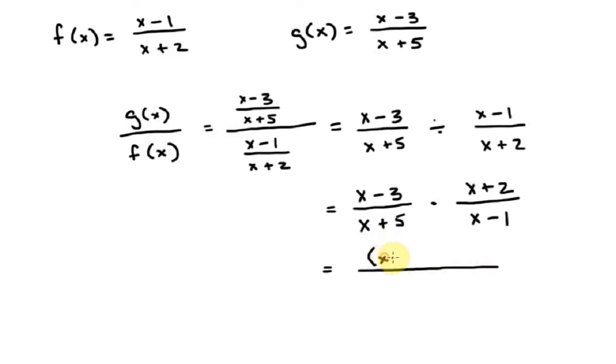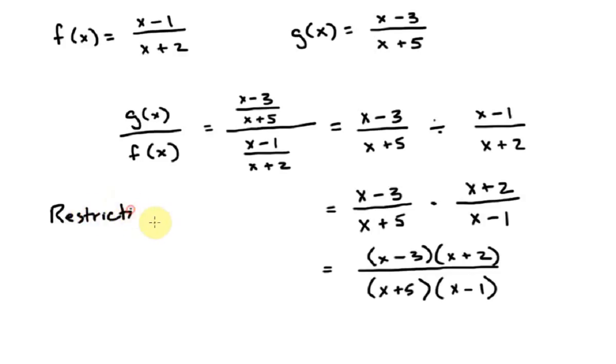You don't even have to expand out the brackets, and I don't think there's much gained in doing that. Usually the factored form is preferred because then you can spot things like the restrictions a little bit easier.